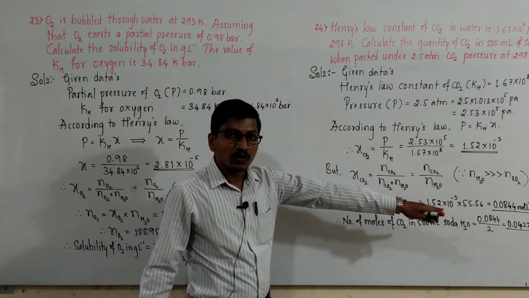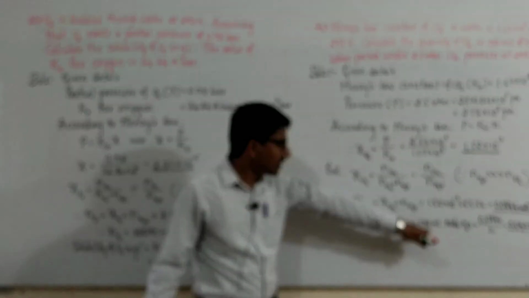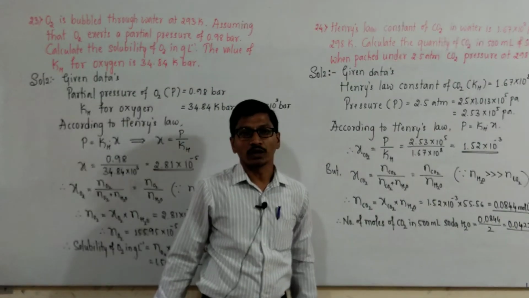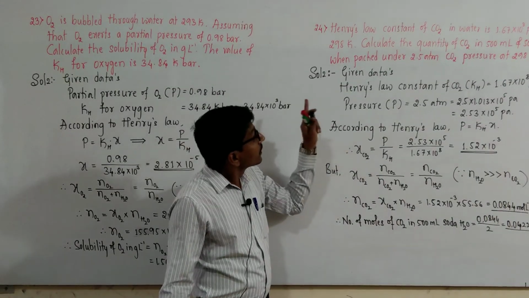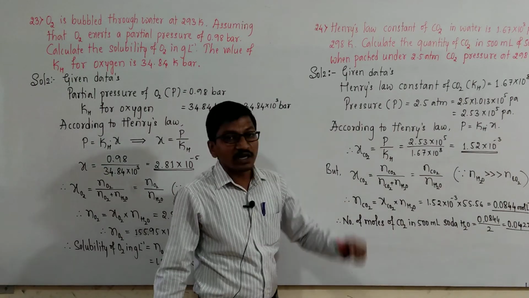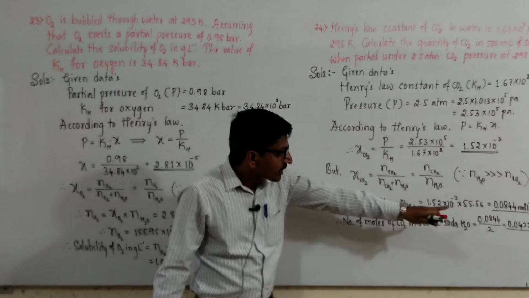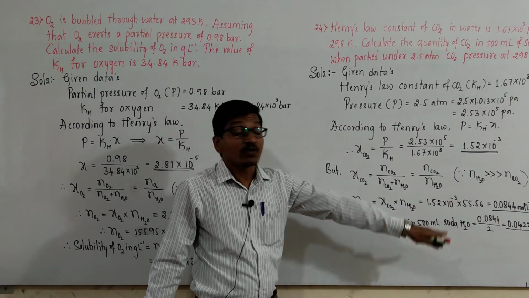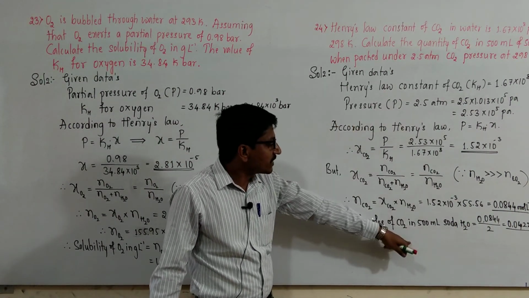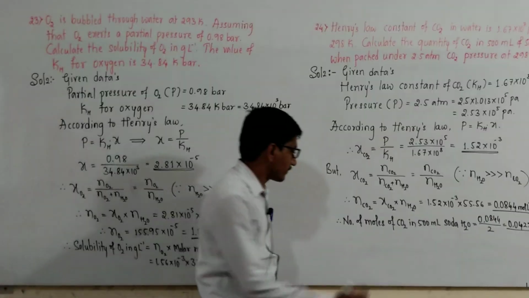This much carbon dioxide is present in 500 ml soda water. But we have to calculate the quantity of carbon dioxide. Quantity means how much, in gram, carbon dioxide is present in the 500 ml of soda water.